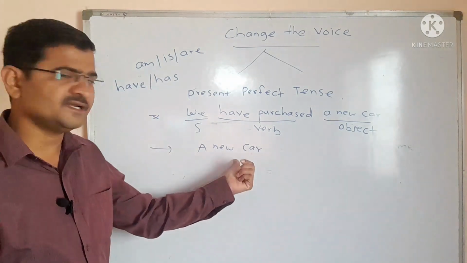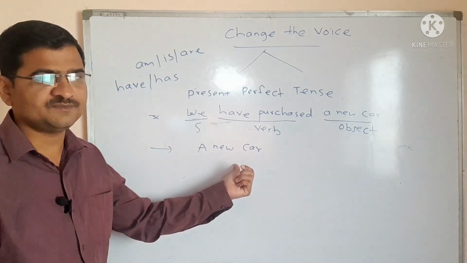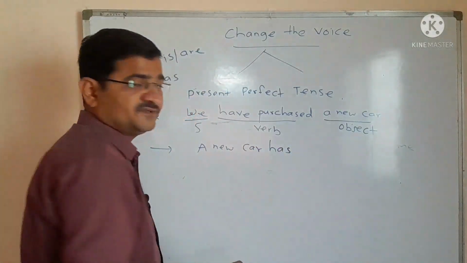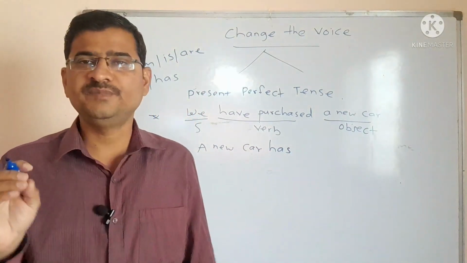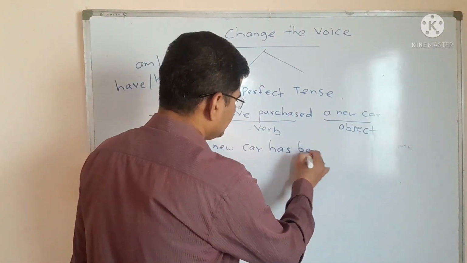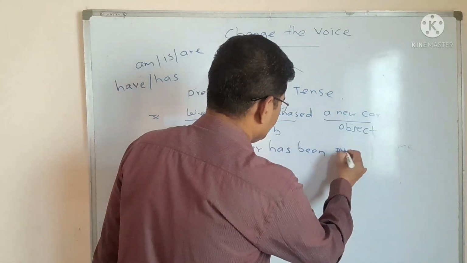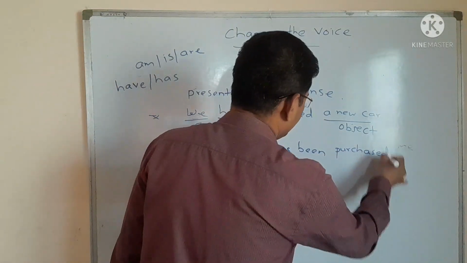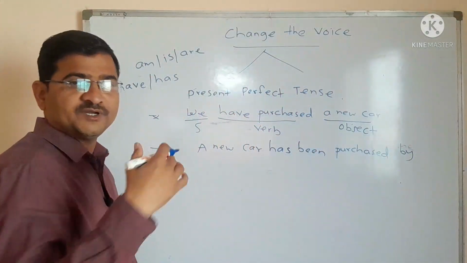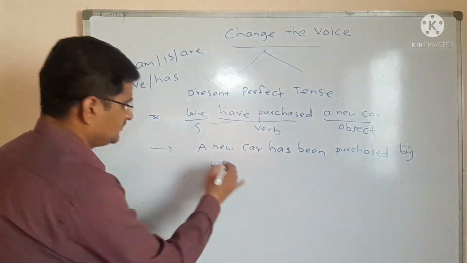Okay, so a new car, it is a singular subject. Therefore, you have to use the helping verb has. After this, you have to use the word been. A new car has been purchased, purchased by, we will get converted into us.